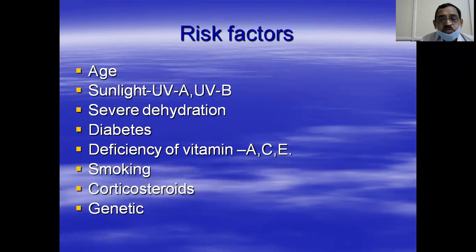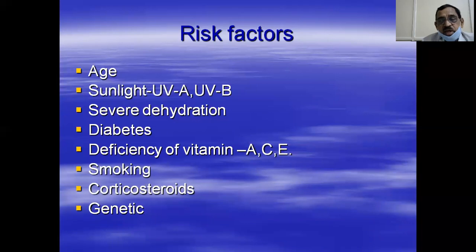So there are certain risk factors which cause cataract. The first and foremost is age, and second is the sunlight, UVA and UVB light. And thirdly, severe dehydration, which occurs in the children or adults after gastrointestinal upset. And diabetes is another systemic disorder which causes cataract, which enhances the onset of cataract in a senile cataract, and also it causes cataract by itself, diabetes.